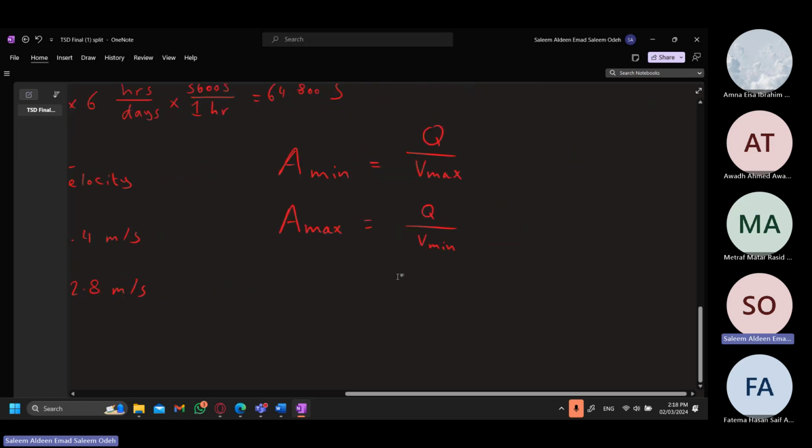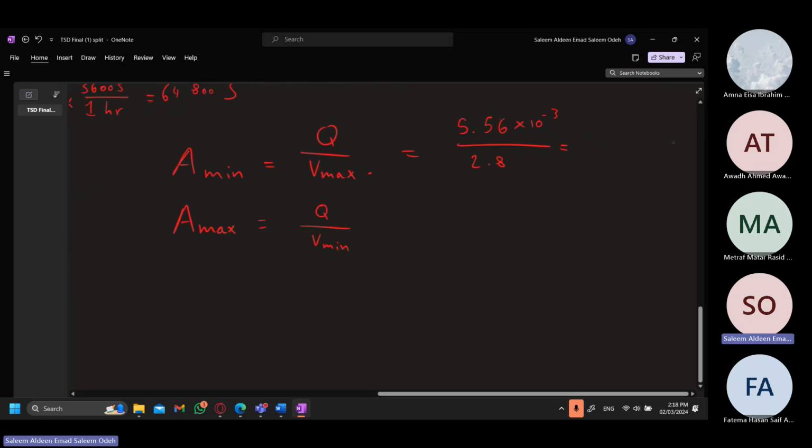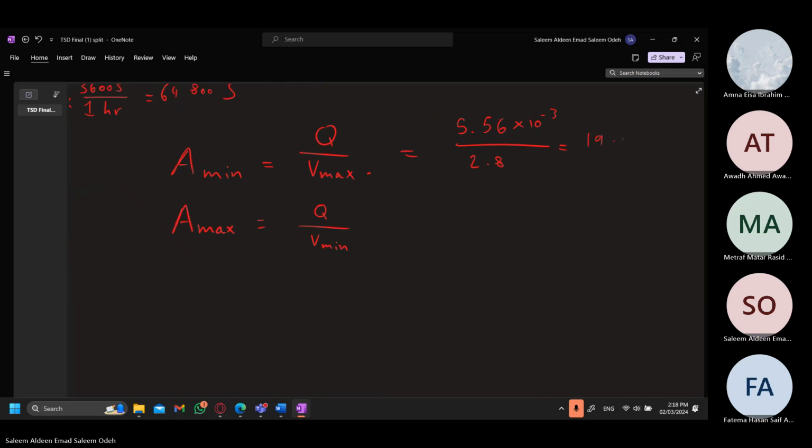Now the Q in both remains the same, but just the velocity changes. So A minimum would be 5.56 times 10 to the power of negative 3 over 2.8, giving us an area of 19.86 centimeters squared.